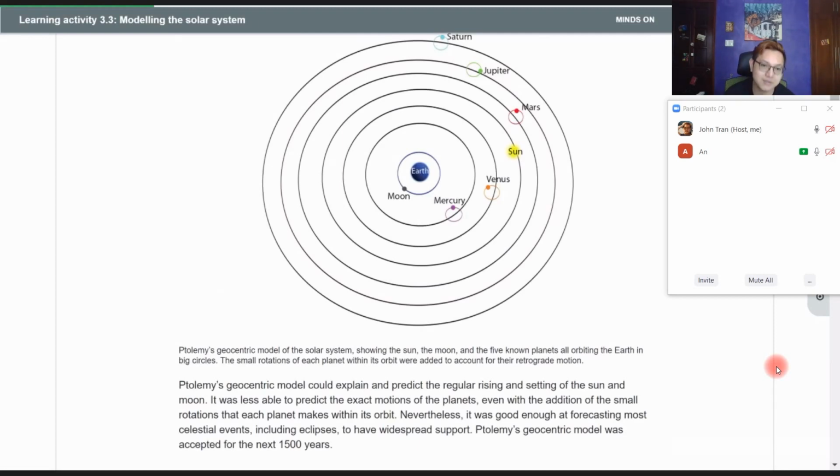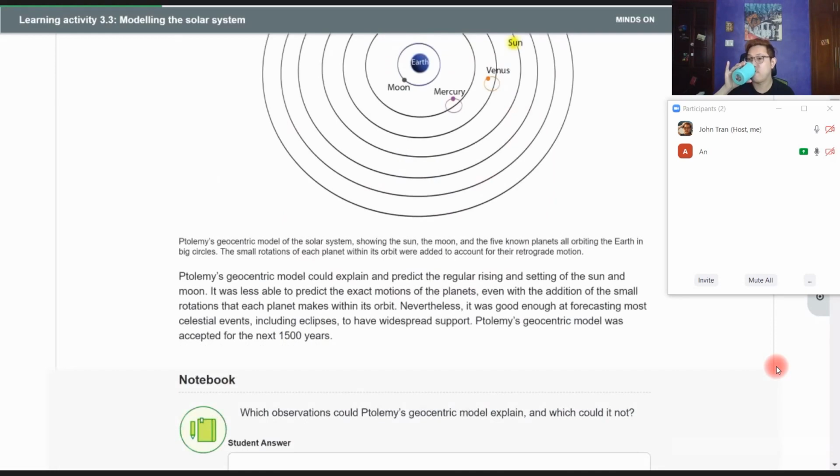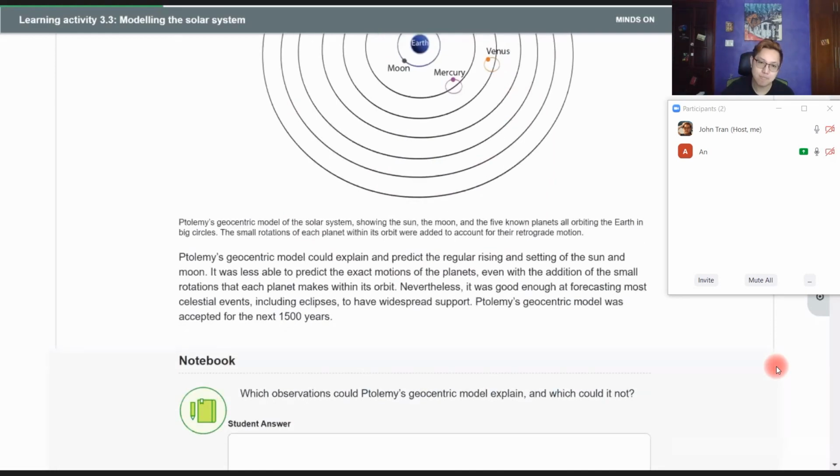Now, let's focus on this one. Elementary geometry could explain and predict the regular rising and setting of the sun and the moon. It was less able to predict the exact motion of the planets, even with the addition of a small rotation that each planet makes within its orbit.